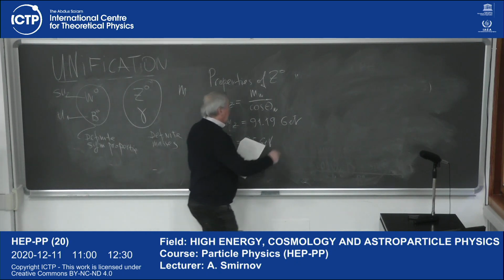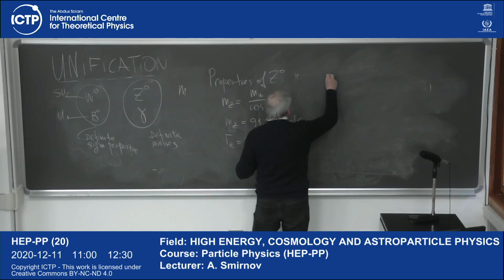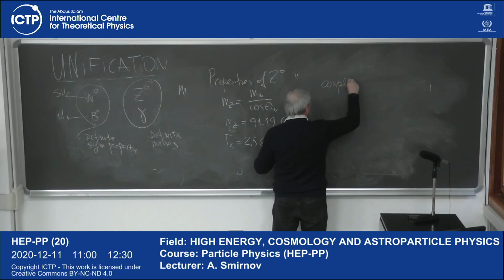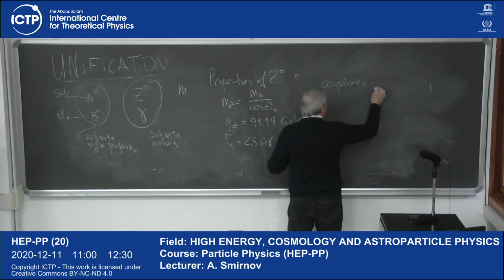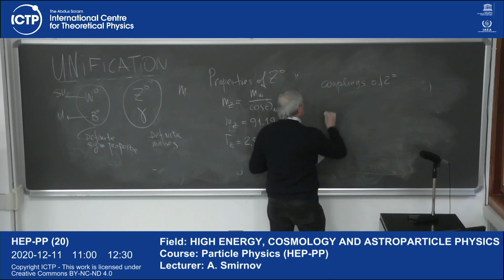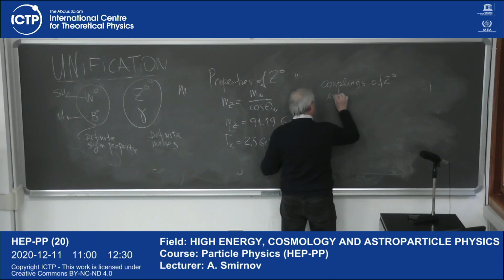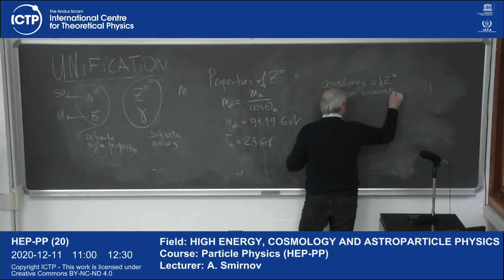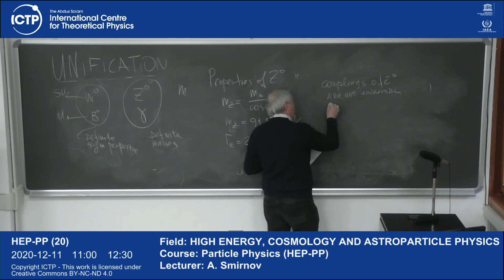So the couplings of Z0 are not universal as for the W. They are different for upper components and down components of doublets.